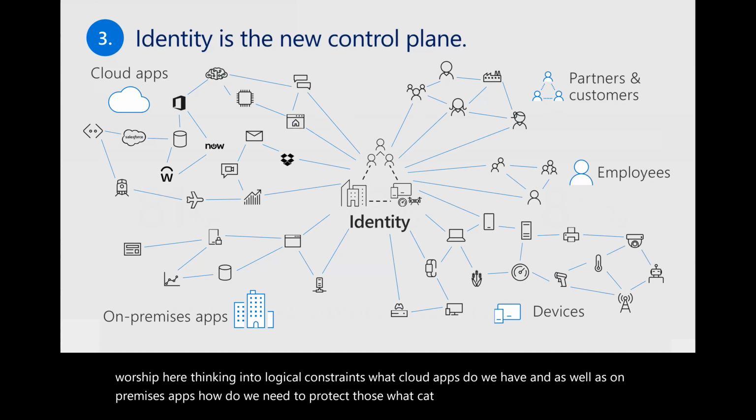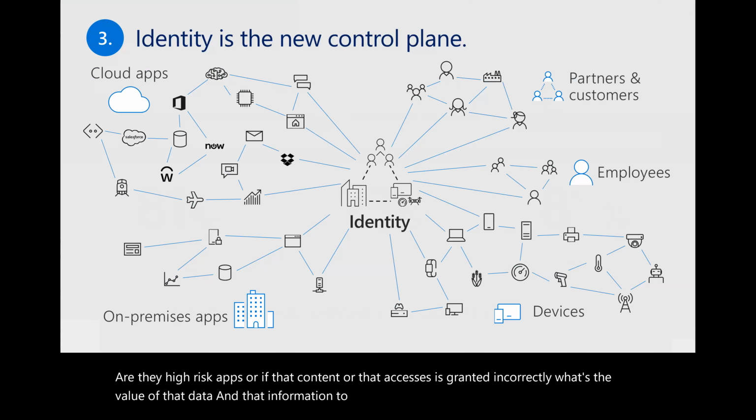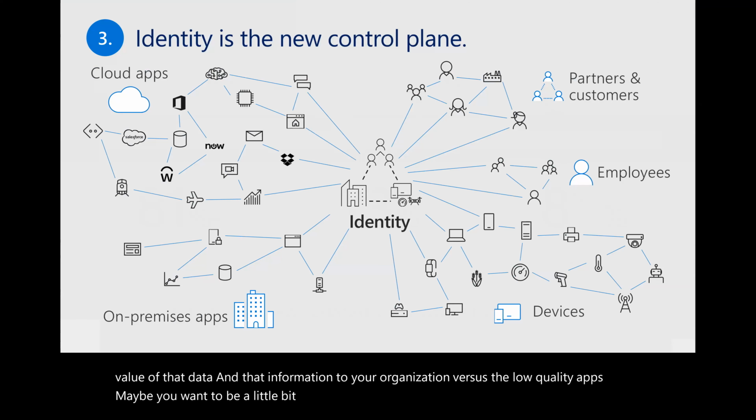Are they high-risk apps, or if that content or that access is granted incorrectly, what's the value of that data and that information to your organization versus the low-quality apps? Maybe you want to be a little bit more lenient on where people access their email from, just for the flexibility and the ease of getting your job done.